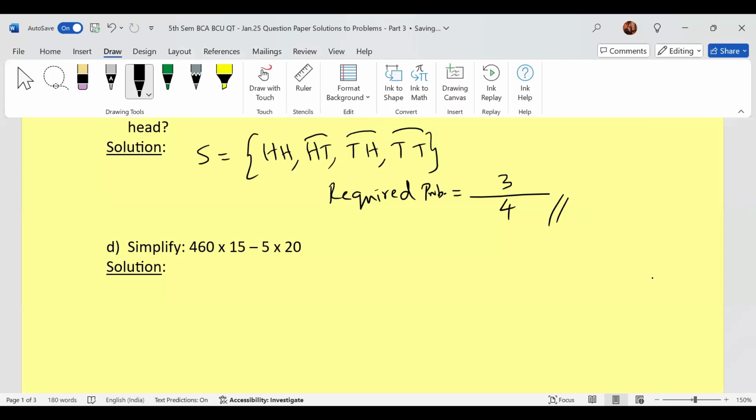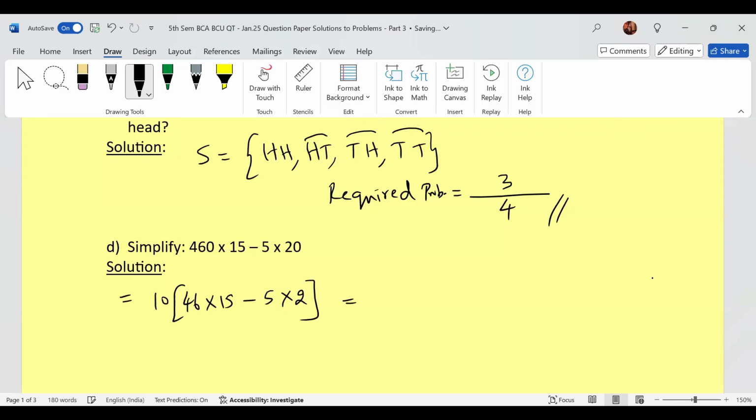Next one, simplify the expression 460 into 15 minus 5 into 20. So we can take now in the first term and second term 10 outside. So we will have 46 into 15 minus 5 into 2.